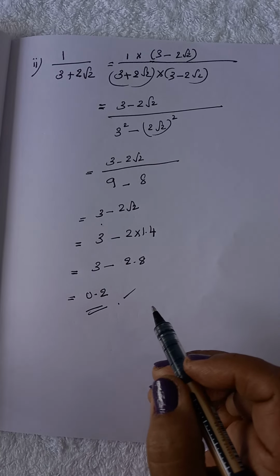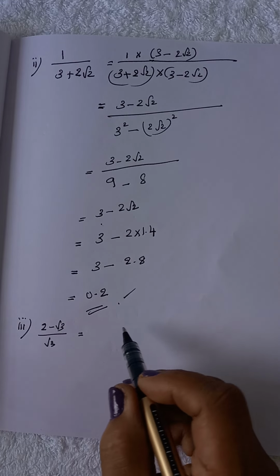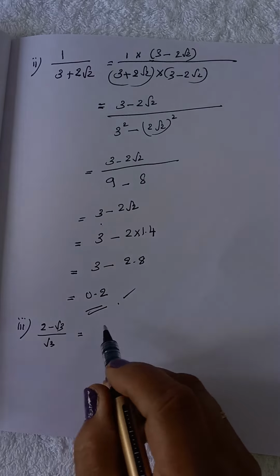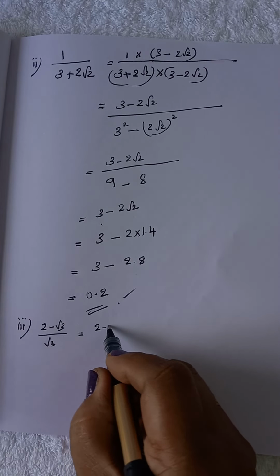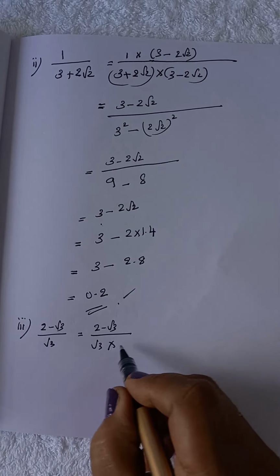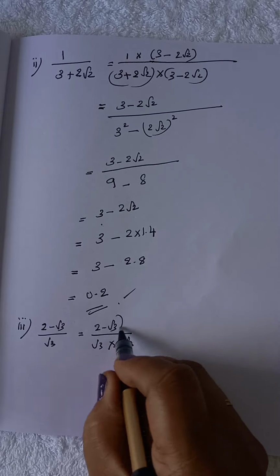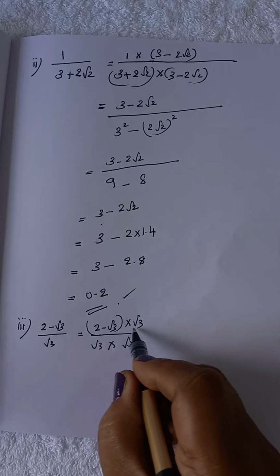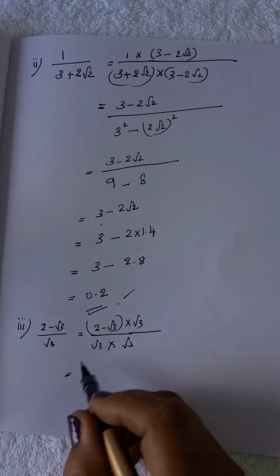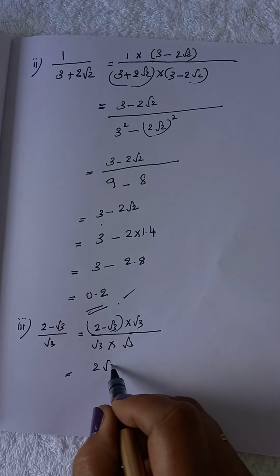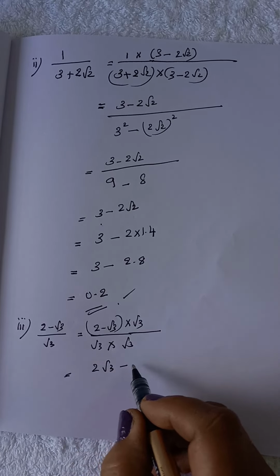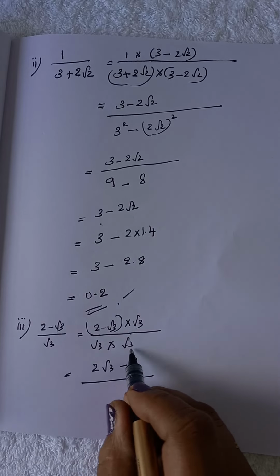Now the third sub question is (2 minus root 3) by root 3. We multiply the denominator by root 3, and the numerator also by root 3. So that is equal to 2 root 3 minus root 3 into root 3, that is 3, divided by root 3 into root 3, that is 3.